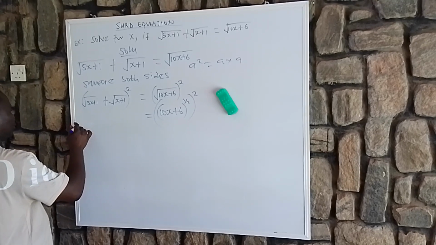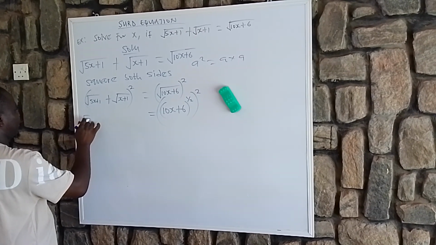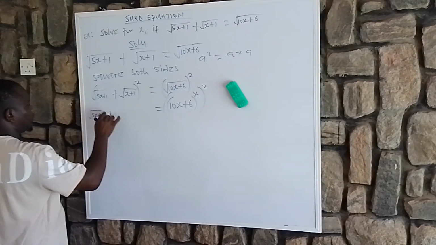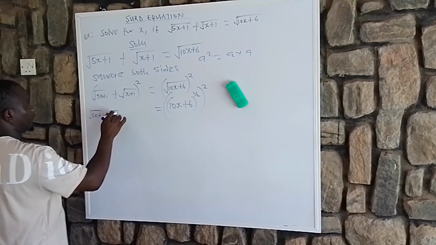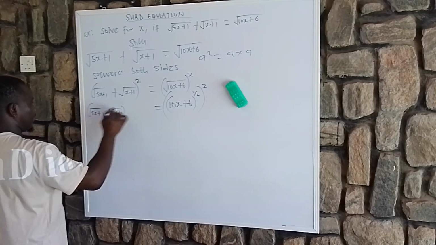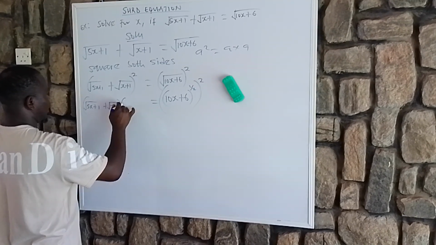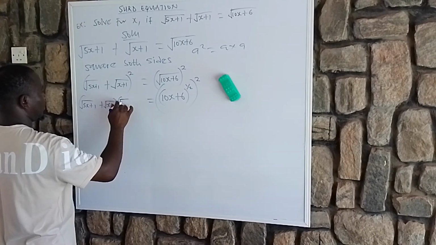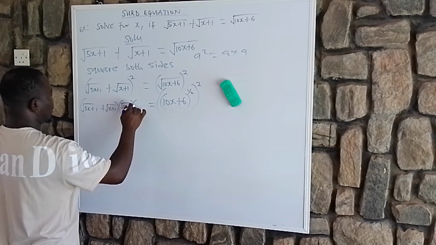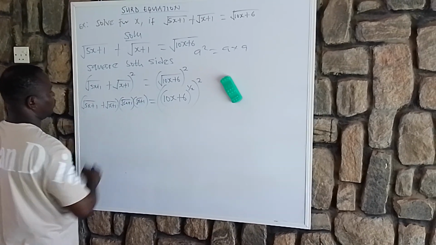So what we need to do here is square root of 5x plus 1 plus square root of x plus 1, all in bracket, times square root of 5x plus 1 plus square root of x plus 1, in brackets.